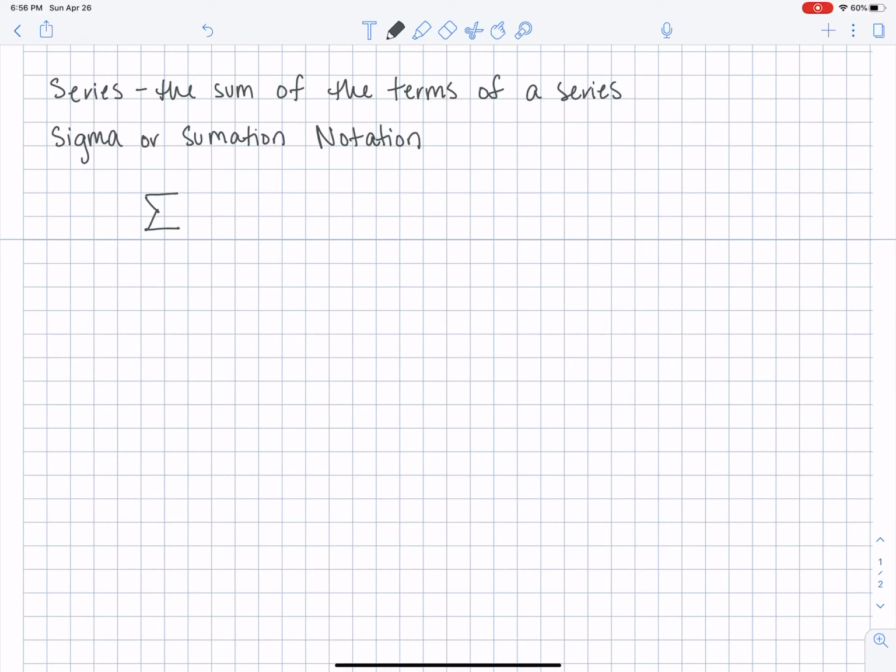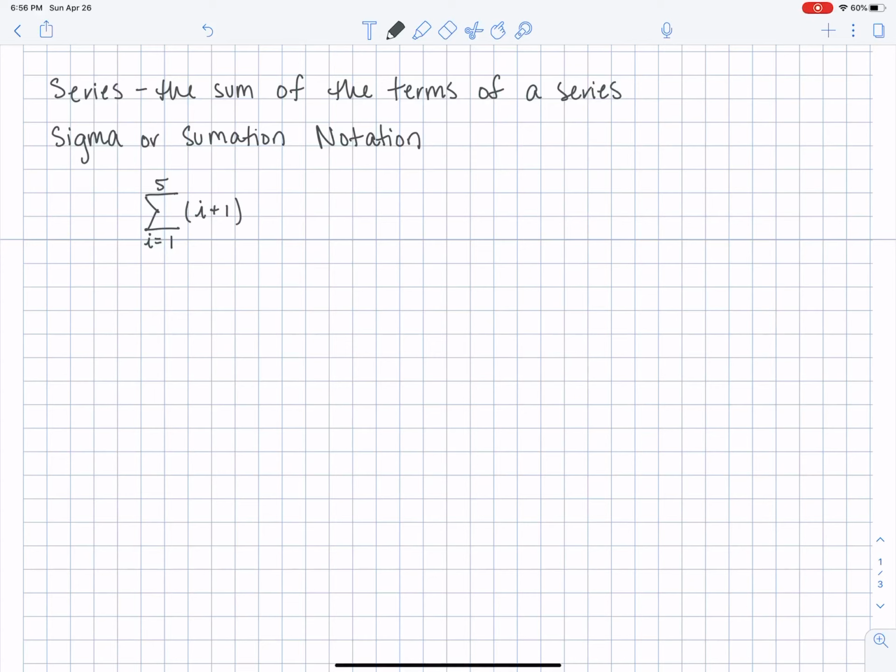So when we use sigma, we have some things that we talk about. We would talk about sigma, and we'd have a little lower bound here. I'm going to label these for you in just a second. We're going to talk about i plus 1.